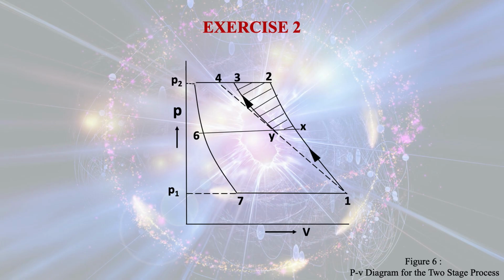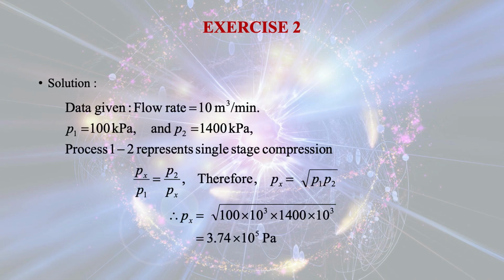Now let us see how much work we get for the single stage and how much work we have to perform for the double stage compression process, and after that we have to calculate the percentage of work saving. The data given for this problem is: flow rate is 10 meter cube per minute, initial pressure P1 is 100 kilopascal, and the final pressure is 1400 kilopascal.